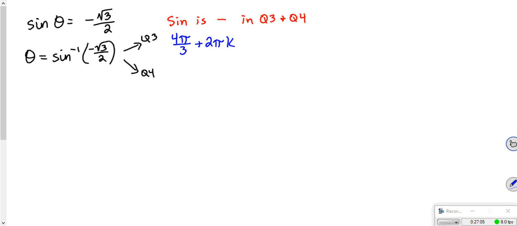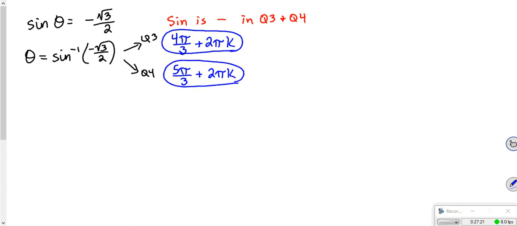You have to give that generic answer that's cyclical. Okay, in quadrant 4, that answer is 5 pi over 3 plus 2 pi k. So those are the 2 answers on your first block. You just separate them by a comma.